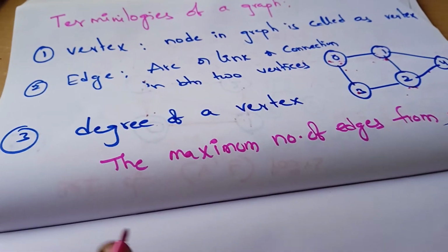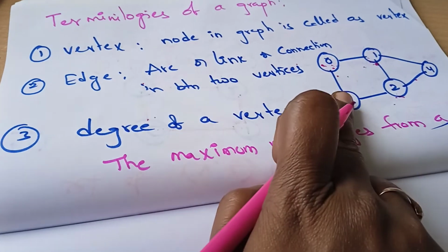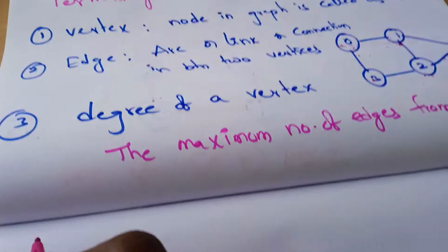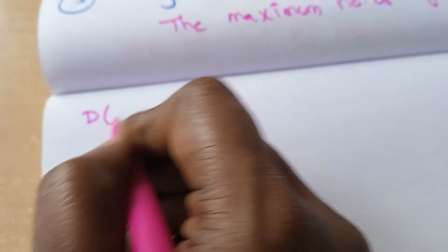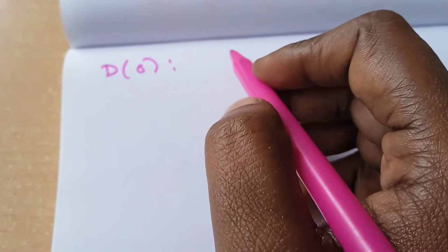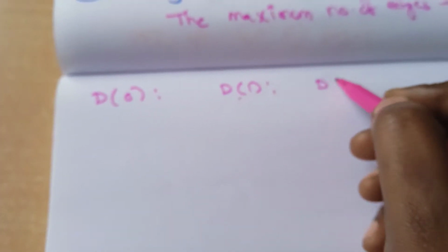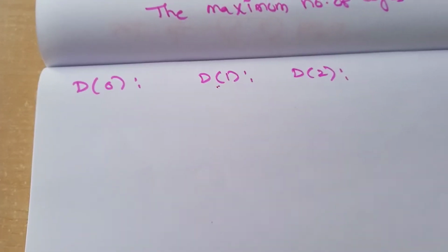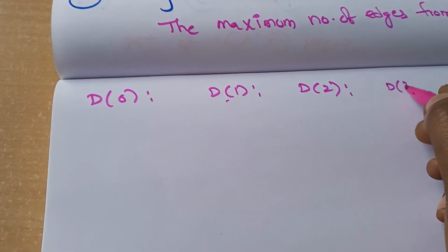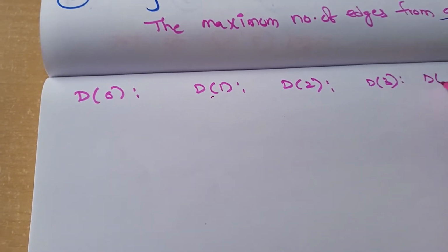Now let us calculate the degree of each vertex in the graph: degree of 0, degree of 1, degree of 2, degree of 3, degree of 4.